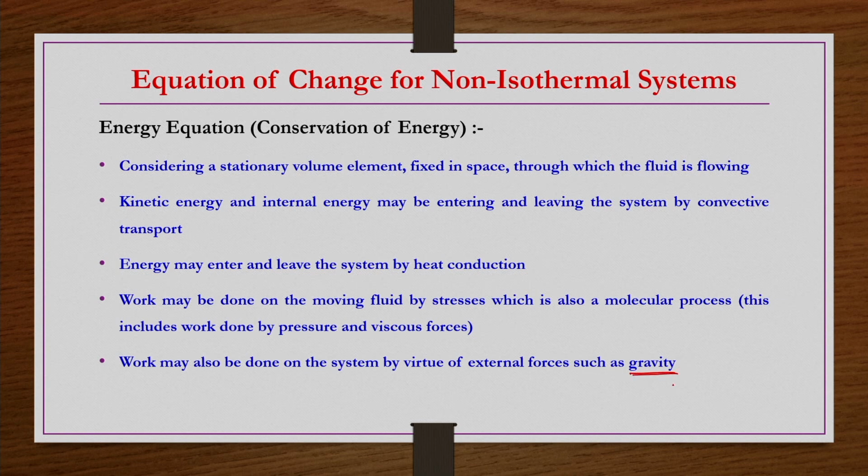Suppose you have additional terms like energy associated with a reaction, or energy because of the electromagnetic potential, etc. Those terms may be added to the right hand side of the balance equation that we are going to develop. Here as external force we are taking only gravity, because when we include the work done on the system by gravity, that also takes care of the potential energy part.